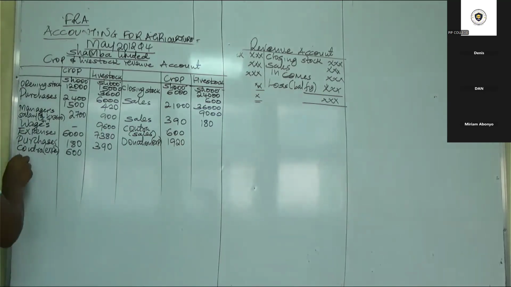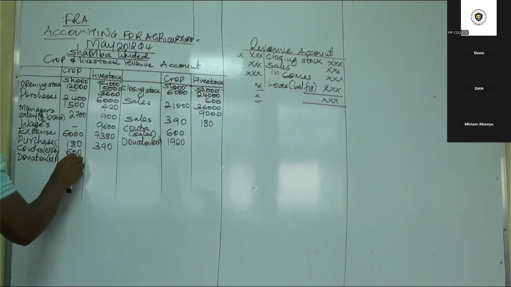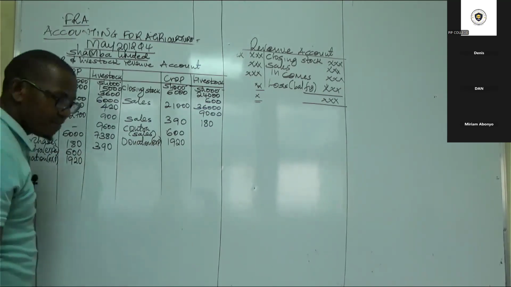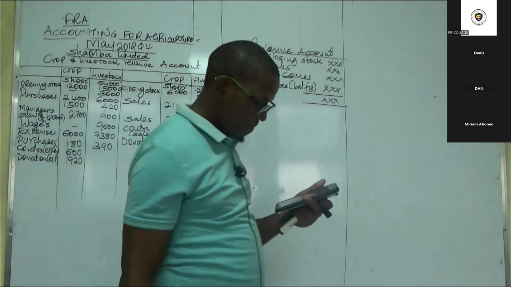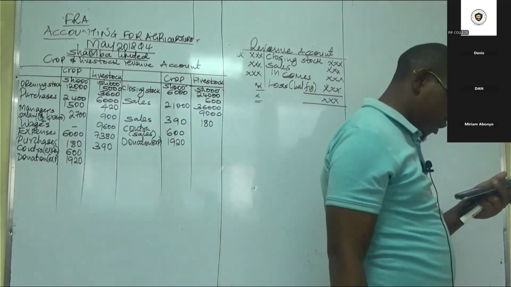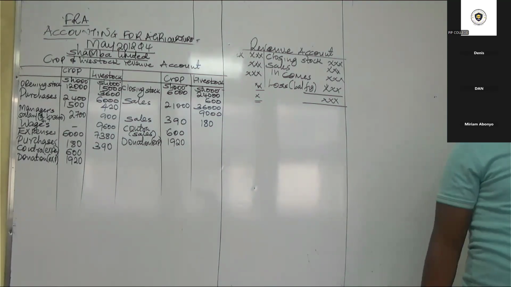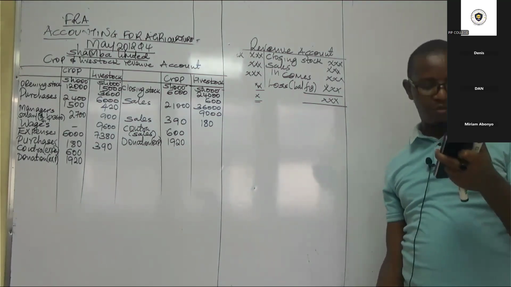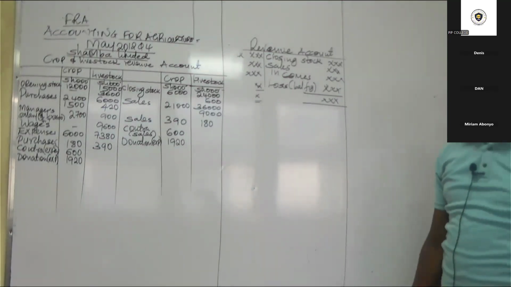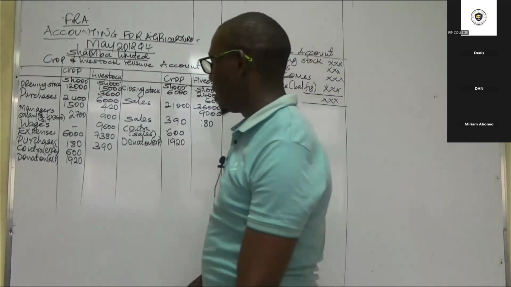And as an expense, donation was an expense 1920. Income tax expense given is 18, it is not having any impact. So we can now balance them.